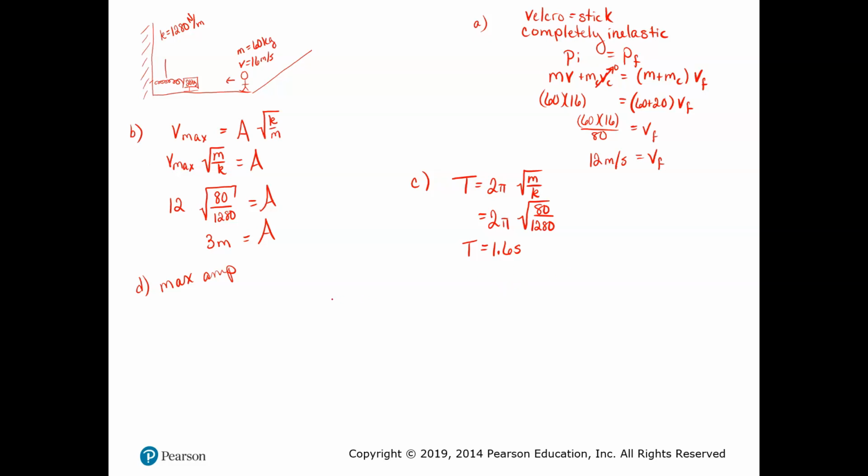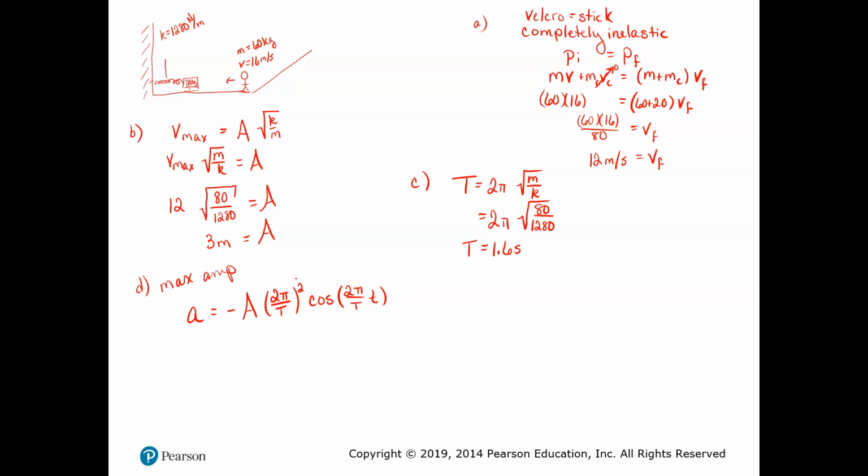So what we're going to get is that, if you remember right, the acceleration equation is negative amplitude times 2 pi over the period quantity squared times cosine 2 pi over the period times time. So that was our equation.